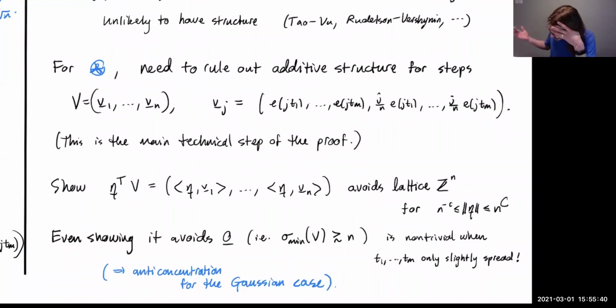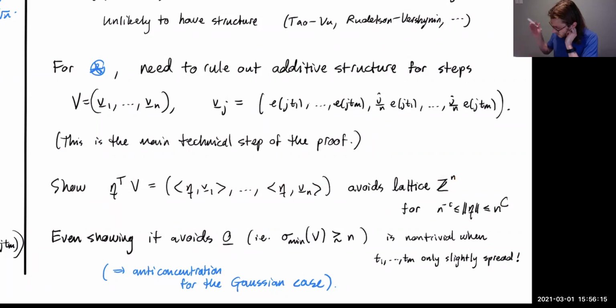All right. So I guess the final thing I'll say is, in terms of controlling the characteristic function, what I mean by not having an additive structure is this: if you have some frequency vector, and you look at a projection of the steps, an arbitrary projection of the steps, it avoids the lattice.